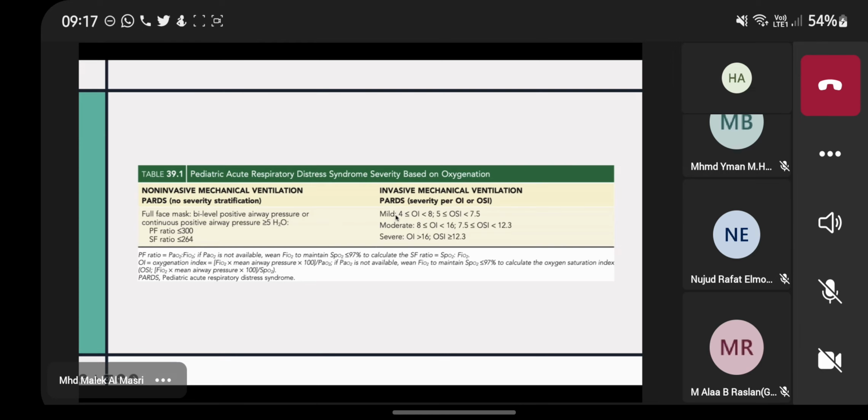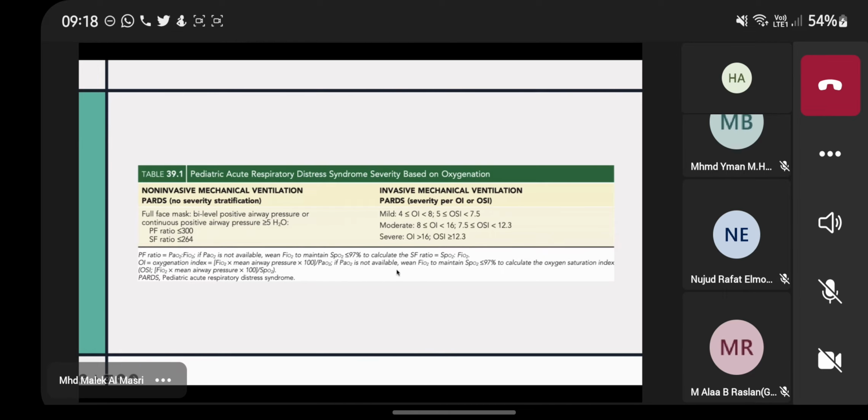But in case of invasive mechanical ventilation, we need to measure the severity using the oxygenation index or the oxygen saturation index, which follows the same concept as the PF and SF ratios, but in terms of the FiO2 multiplied by the mean airway pressure multiplied by 100, divided by the partial pressure of oxygen.